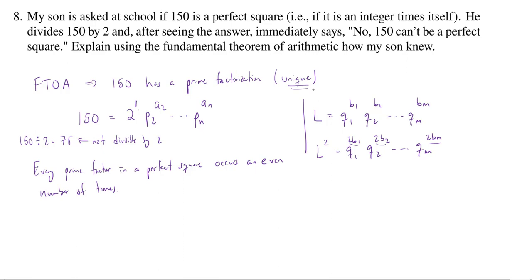But we just said, if 150 was a perfect square, each exponent on a prime factor must be an even number, or if you like, 2 must be a factor an even number of times. But it's not. So automatically, without doing any of the rest of the prime factorization, we know that 150 is not a perfect square.